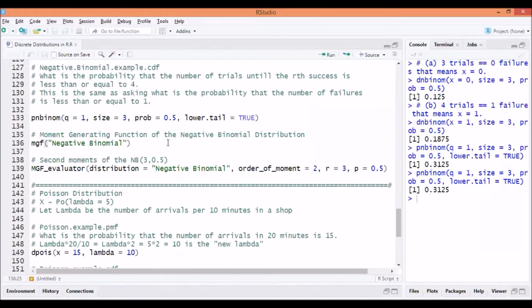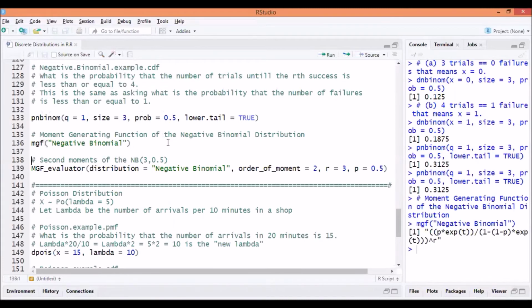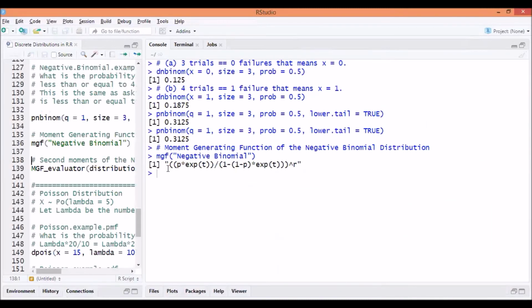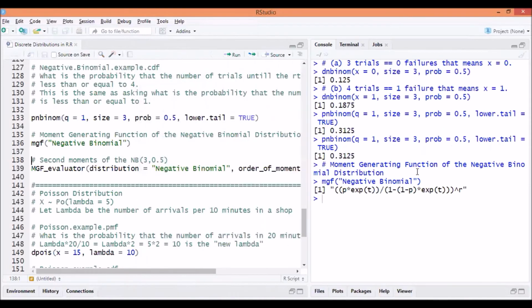Next, let's get the moment generating function of the negative binomial distribution. mgf negative binomial. This gives us the following formula: p e to the t divided by 1 minus (1 minus p) times e to the t, all of this to the power of r. You'll see that this is the same as the moment generating function for the geometric.